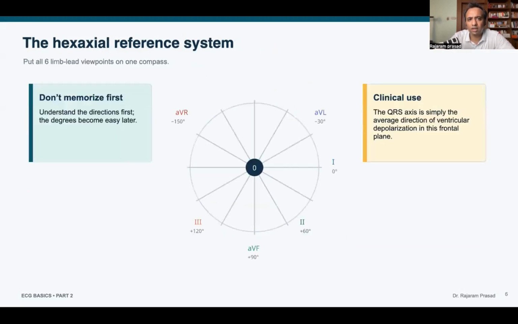So this is the axial reference system. This also you need to understand. You don't have to memorize it at first. You understand the directions first, and the degrees come later. Where exactly is the current flowing?